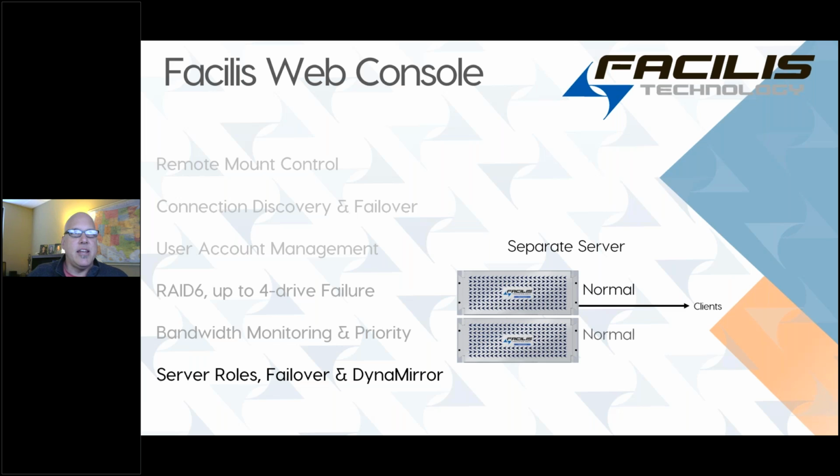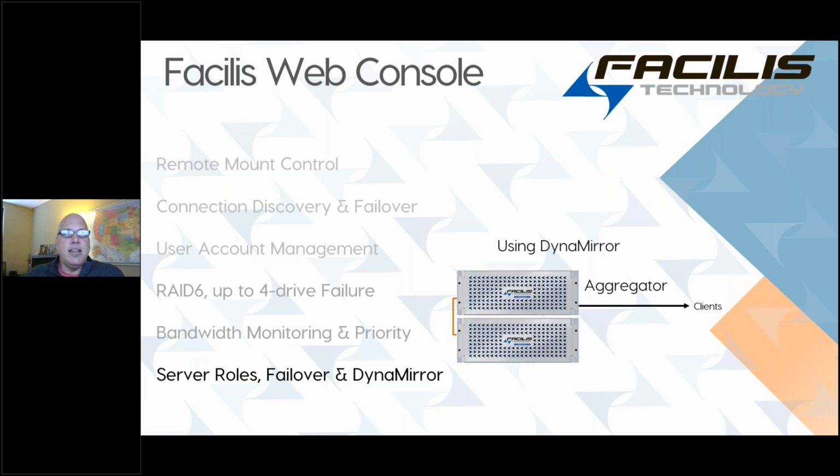So for example, this is a normal situation where you just have two servers that are sharing out to maybe the same or different clients at the same time with no problem. If you decide that you want to have a connection between the servers, we recommend a 32 gig fiber channel backbone connection between the servers.